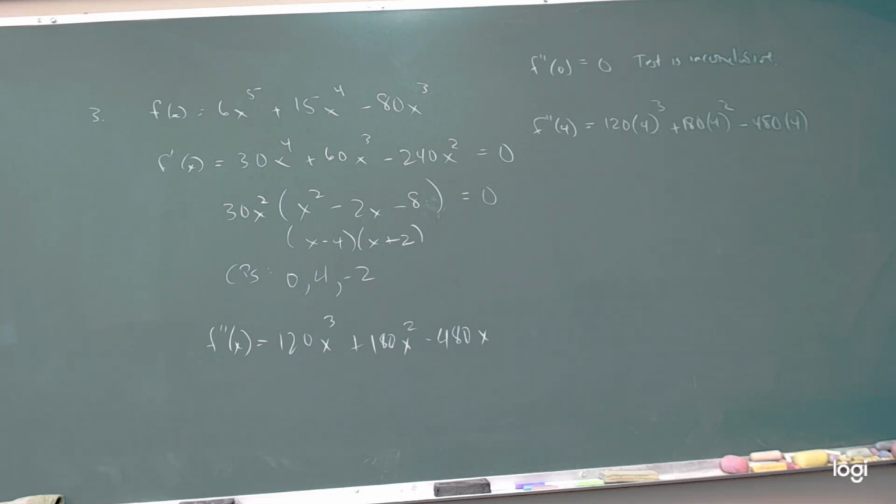Are you convinced that that's going to be positive? Yeah, just looking at the size of those numbers. That's good for me. It's positive. That's all we really need to know: is it positive or negative?